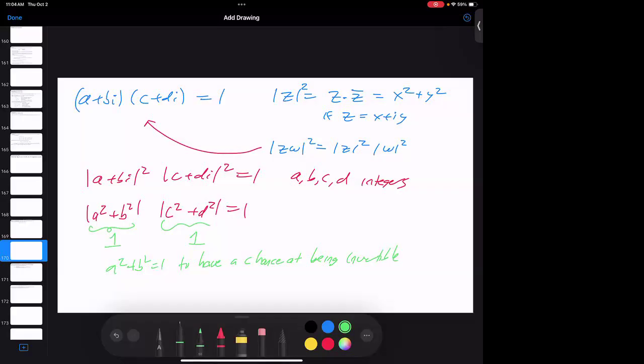Could both of them be 1 or minus 1? No. So one of them is plus or minus 1, and the other is 0. So my only possibilities are going to be 1, minus 1, i, and minus i. Those are the only numbers that have a chance of having a multiplicative inverse. It turns out they all do have a multiplicative inverse. But in general, most numbers are not going to have multiplicative inverses.